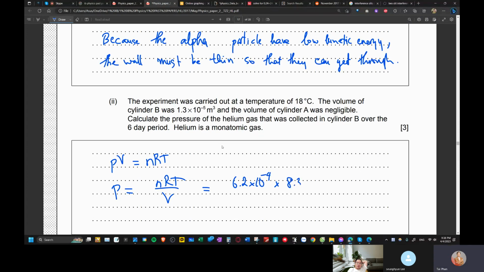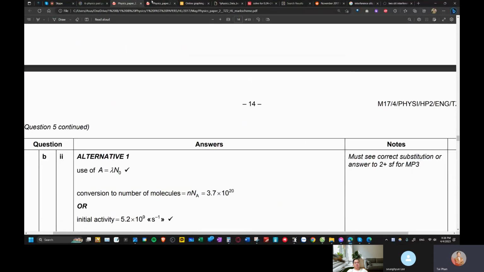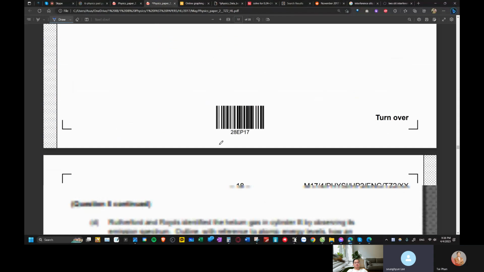R is 8.31. T is 18, you need to convert into Kelvin, add 273. Then divide by the volume, 1.3 times 10 to the negative 5. And you get the pressure. That will definitely be the answer.